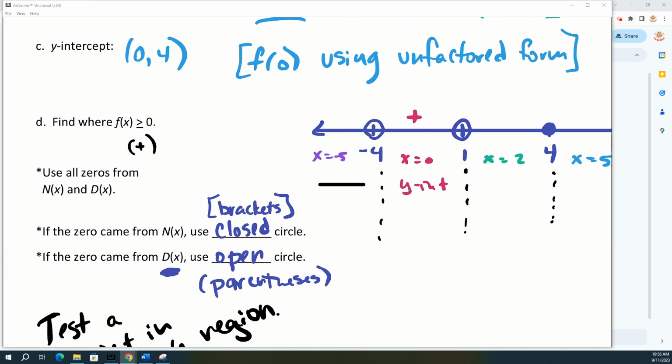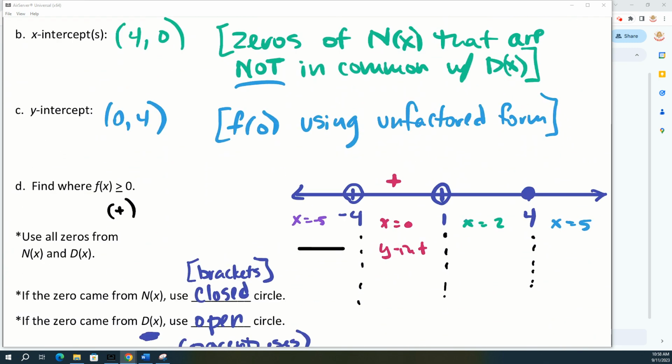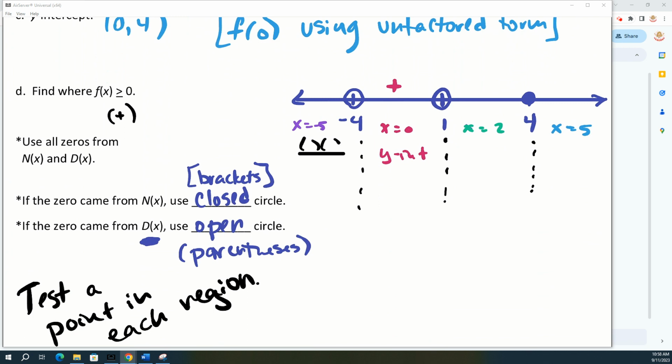All right, and then for all these other regions, because I had 4 factors, I'm going to go ahead and do 4 little sets of parentheses on a fraction.